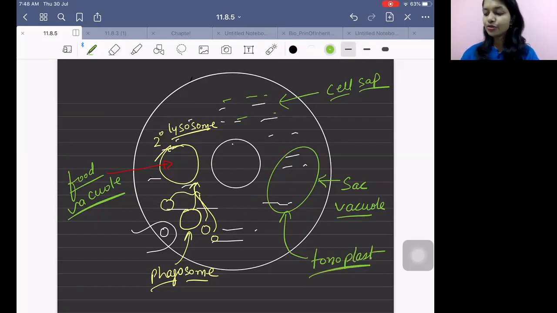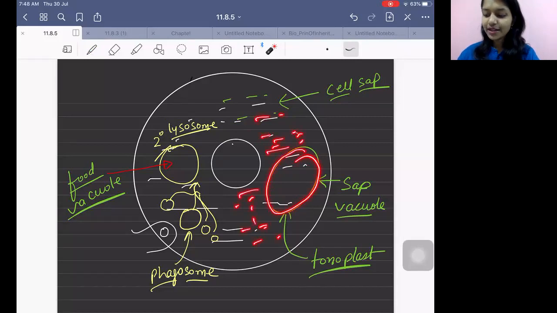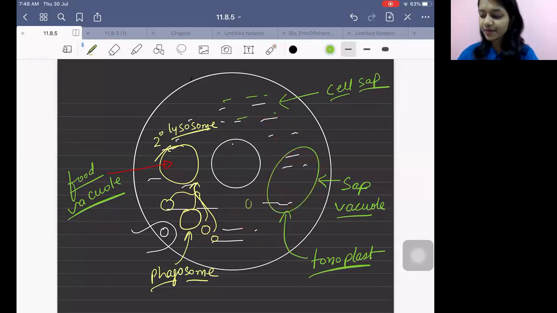Tonoplast. Now you tell me that this is cytoplasm content only, right? Even this is cytoplasm content. Yes? Now, if it has to get something from outside, it will have to transport it, right?